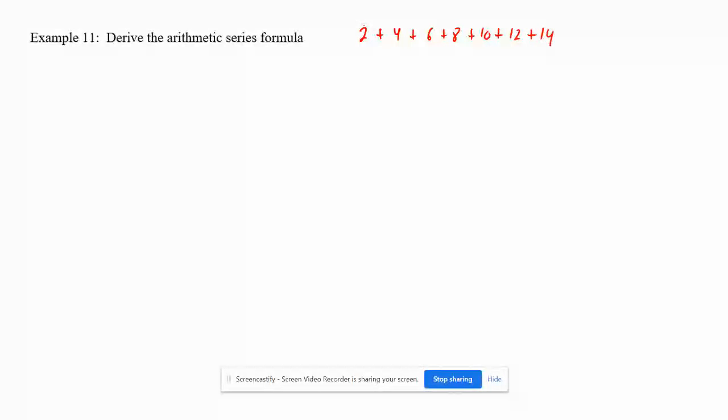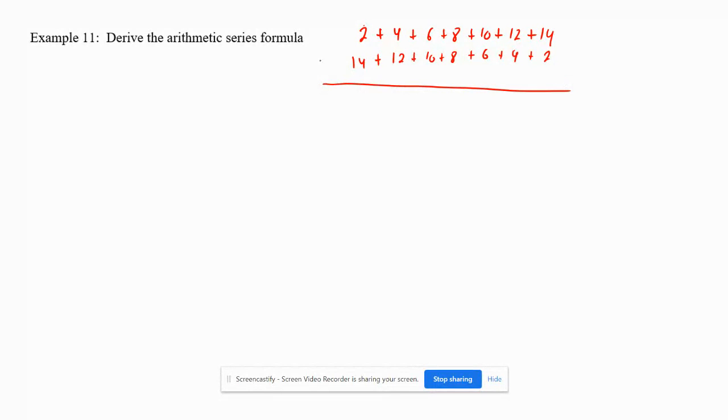Now, here's the way we're going to do this proof. Here's one series. What I'm going to do is rewrite the exact same series directly below it, except in reverse order, and I'll show you why this works in a second. So now I'm just going to go from 14 down to 2.